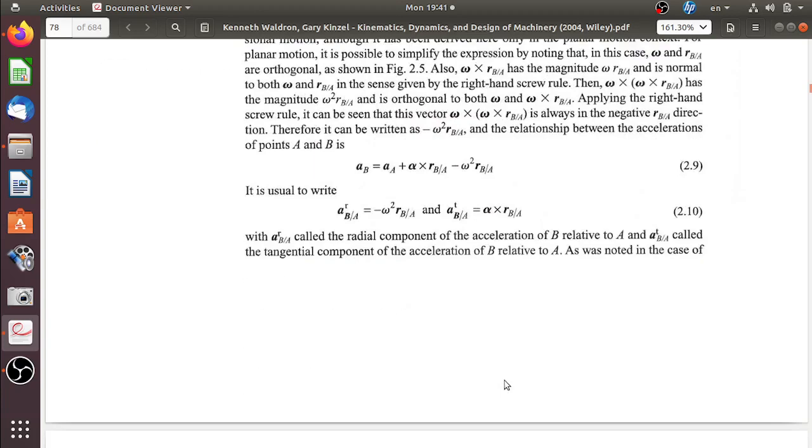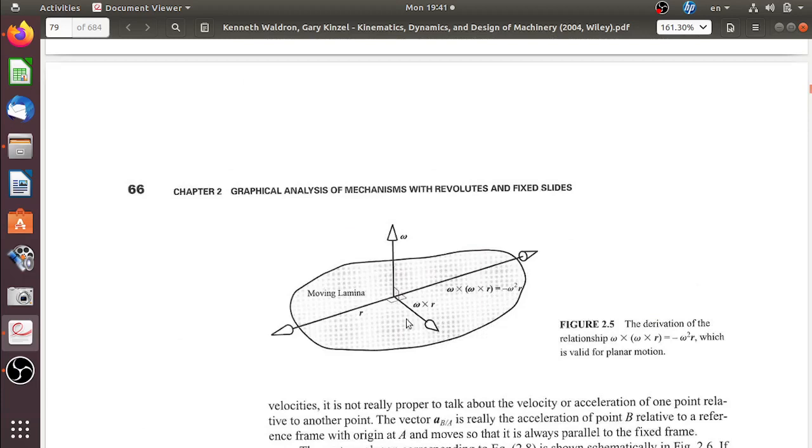Maybe this picture will help you understand the direction. Say this is omega, and this is that R vector. Omega cross R will be perpendicular to this and this vector, which is this vector. Now if I do a cross product once again, omega cross omega cross R, then that result will be perpendicular to these two vectors, which will be in this direction.